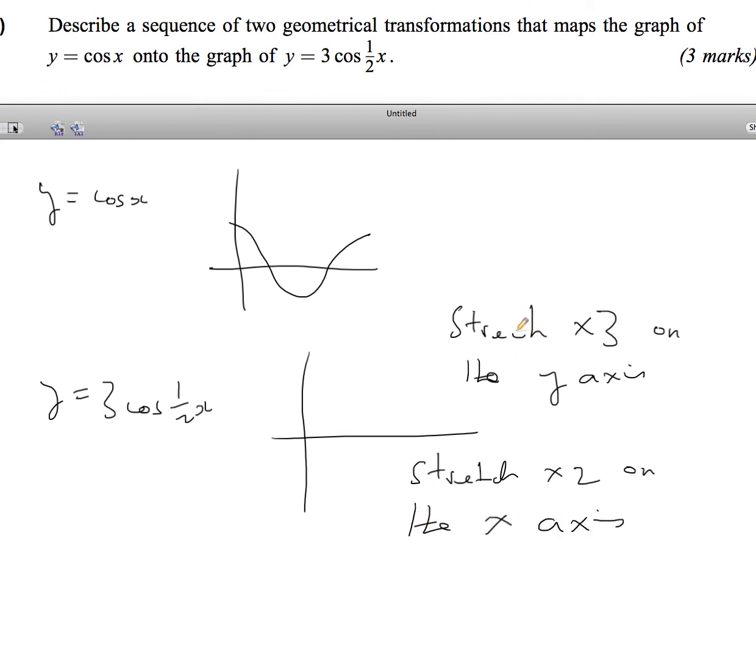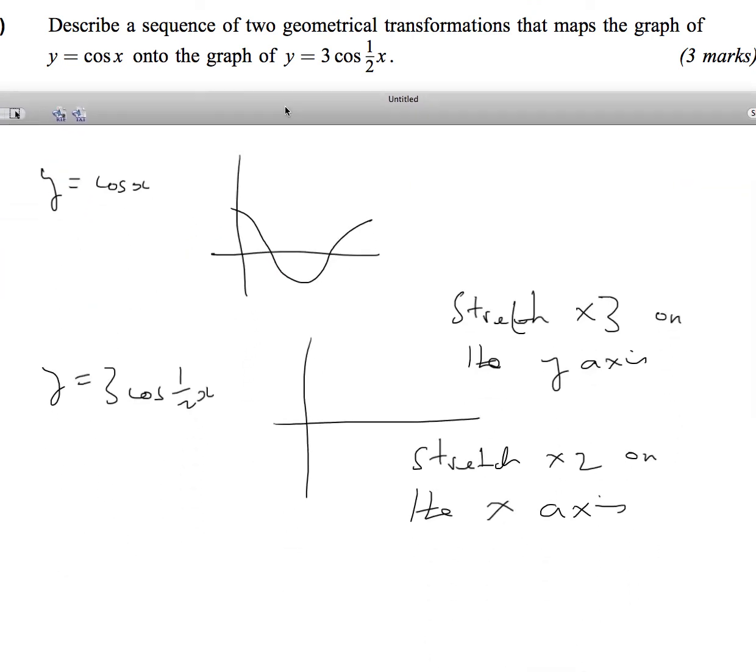So that's spelling there, stretch. That's for D. That's finished number 4.